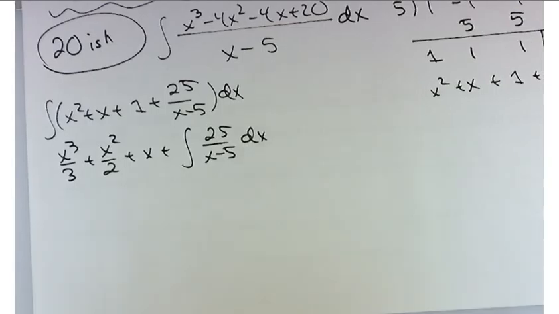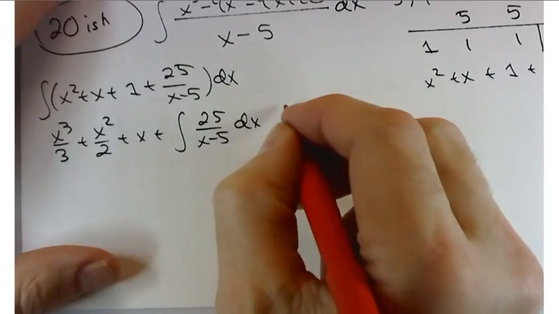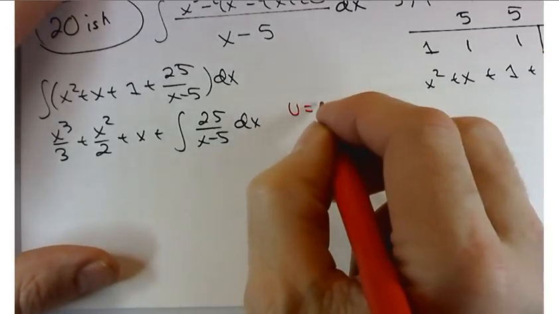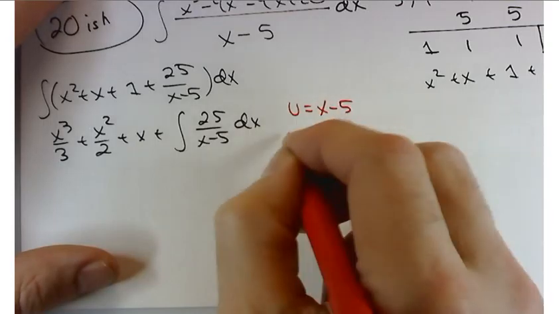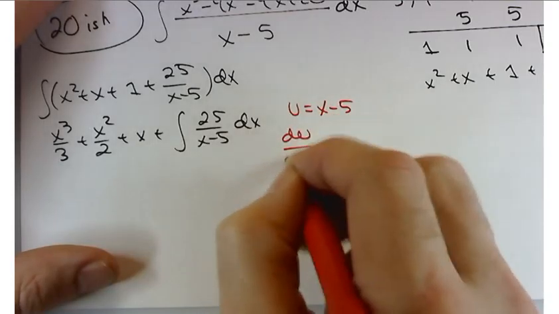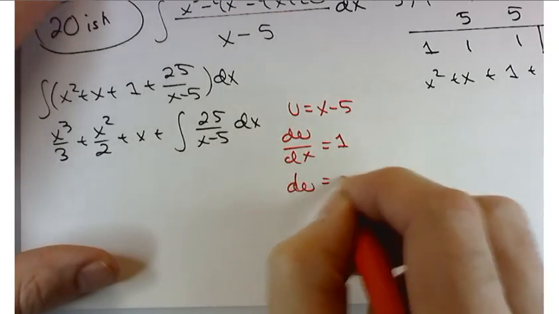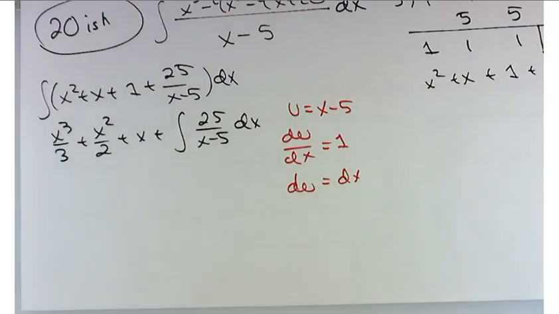Exactly. So a quick U-substitution. In fact, a little heads up here for you. If I let u equal x minus 5, du by dx equals 1, and this is a really nice case of a U-substitution. du equals dx.